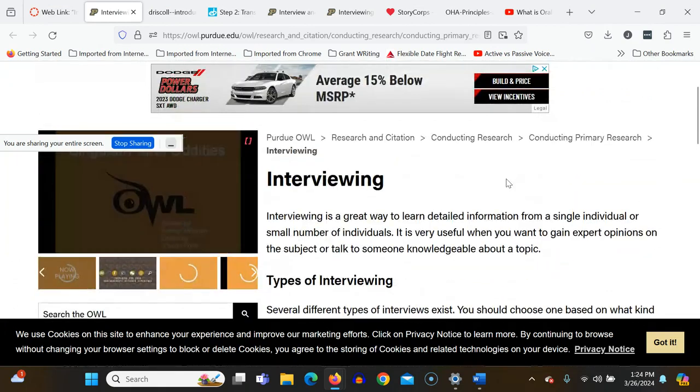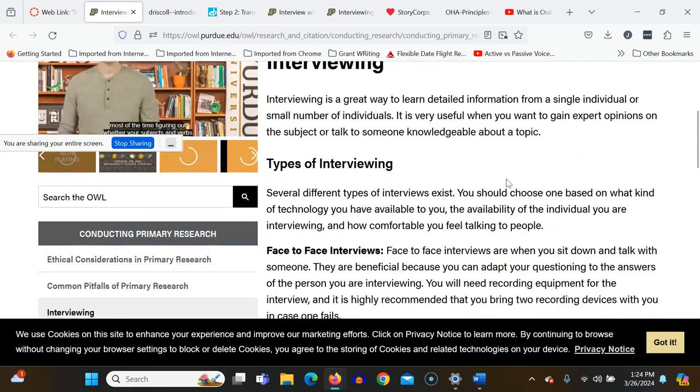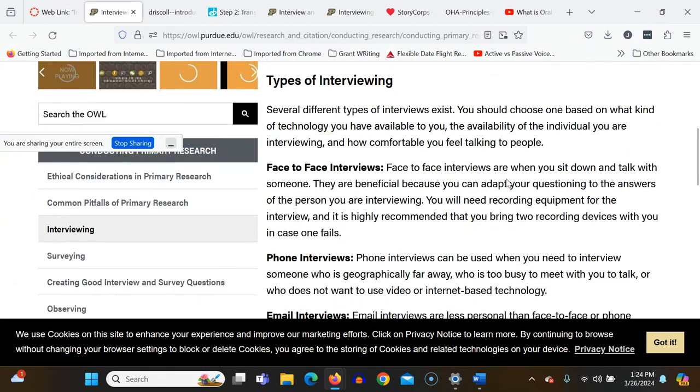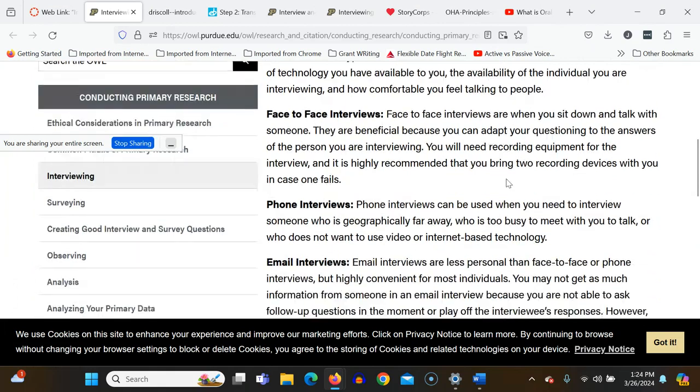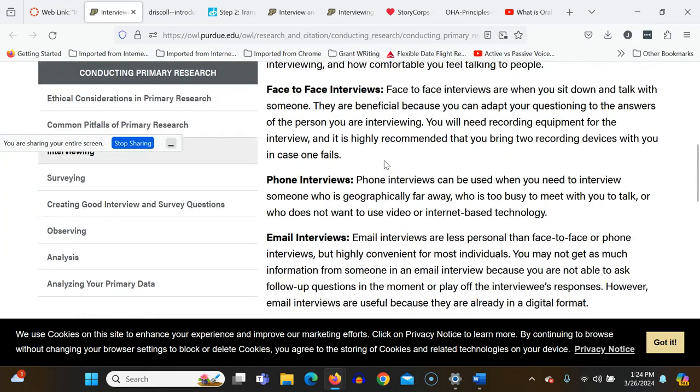So interviewing, there's lots of different types of interview, and you might be right now thinking of one particular type that you have encountered in the past. But the most common one you might be thinking about is a face-to-face interview. And that's when you actually sit down across from somebody and you talk this through, whatever the topic is.